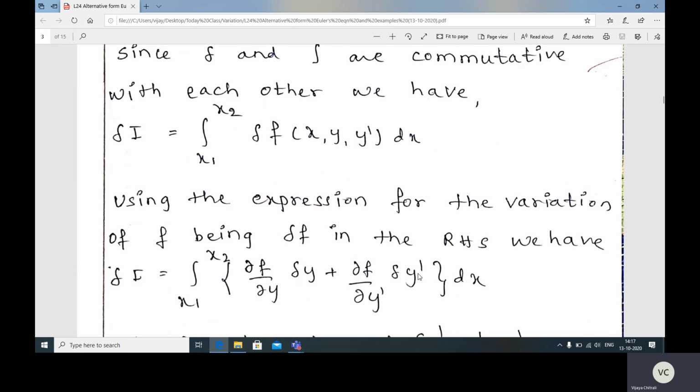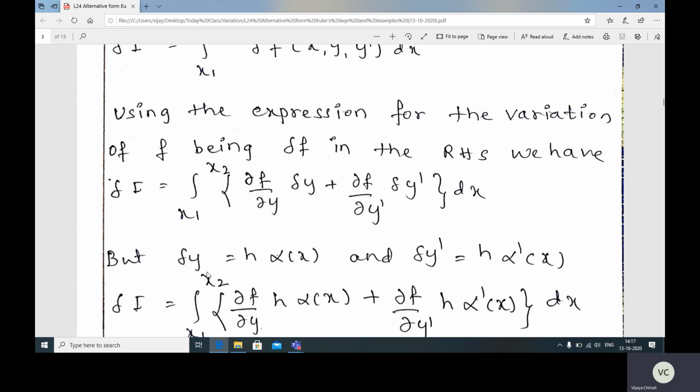Using the expression for the variation of f in the RHS, we have delta I equal to the integration from x1 to x2 of dou by dou y of f delta y plus dou by dou y dash of f delta y dash dx.